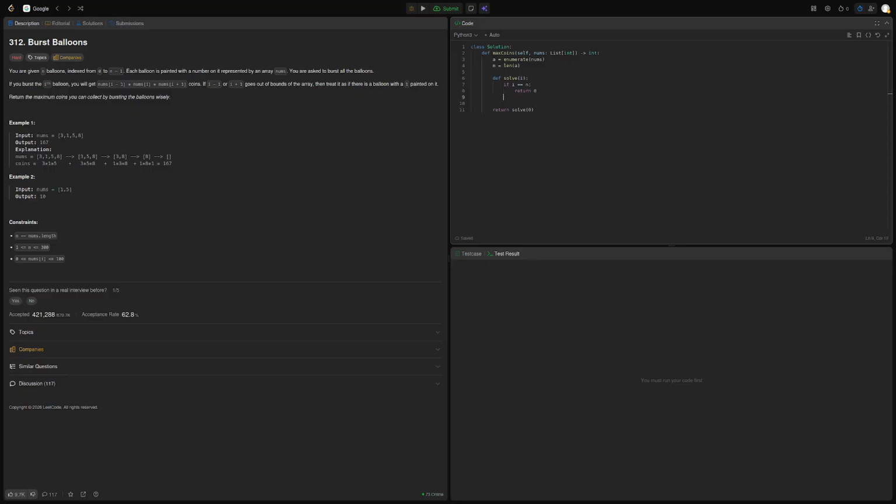This is the base case, so what we can do is pick these elements. So we have some, let's call it current, right?